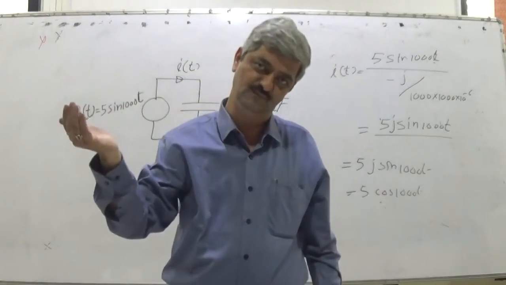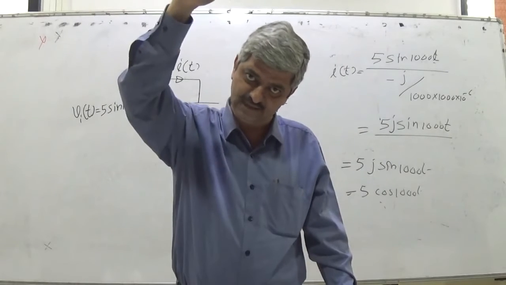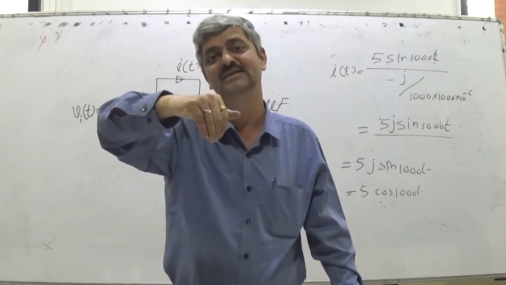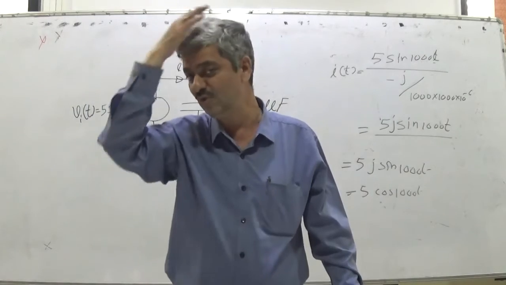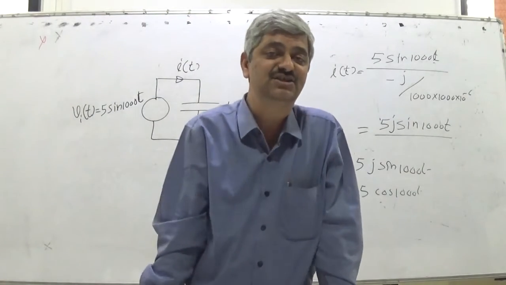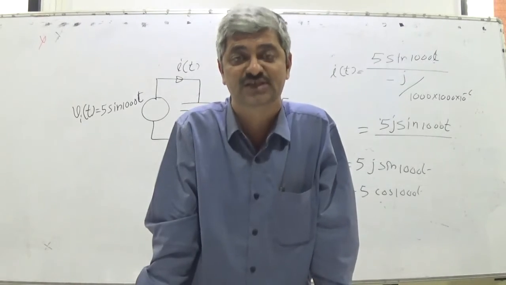So in one quarter cycle, energy is coming in, getting stored. In the next quarter cycle, it is releasing the energy. So on average, power dissipated in inductor or capacitor is zero. Why?